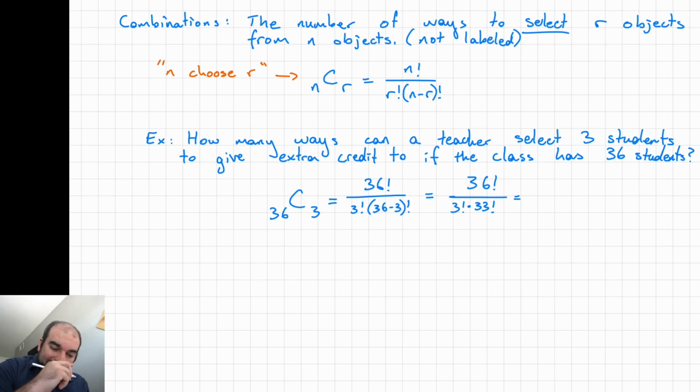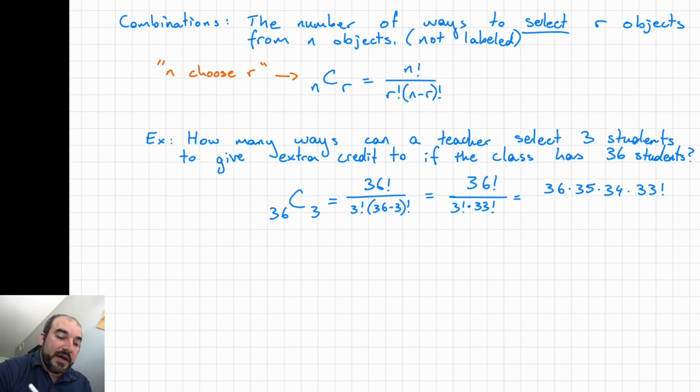And if you remember how we simplify these, we start writing the numerator as a falling product, and then we stop when we reach this 33 factorial. So we're going to write the numerator as 36 times 35 times 34 times 33. As soon as I see the 33, I'm not going to write the rest of the product.